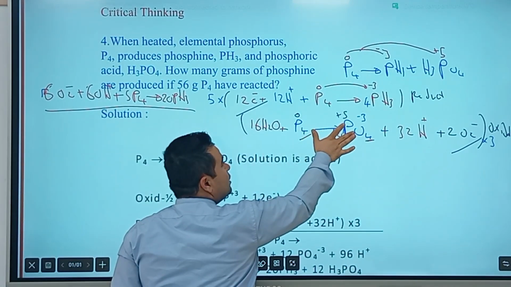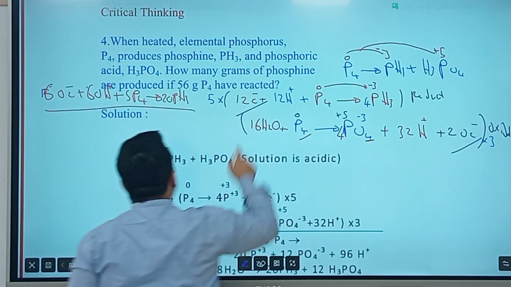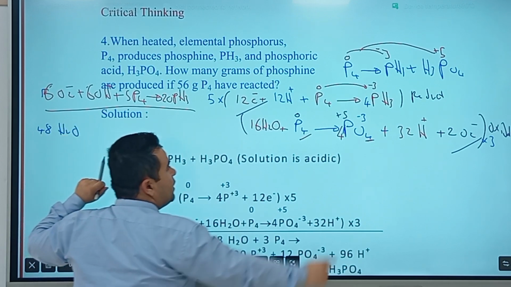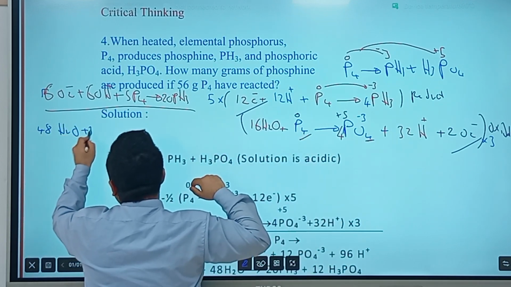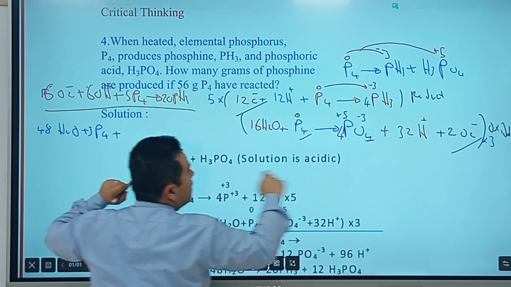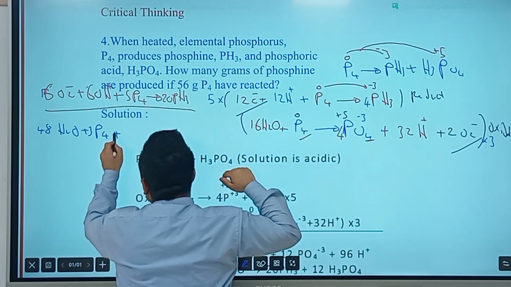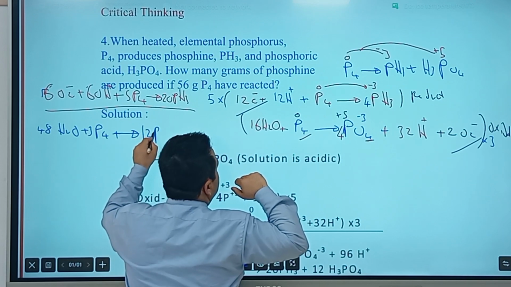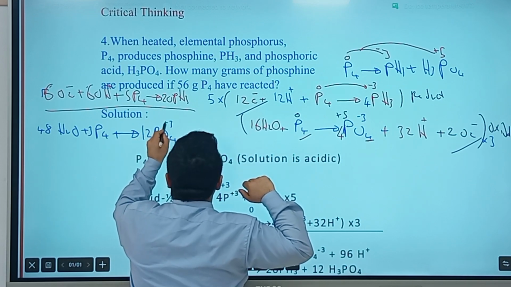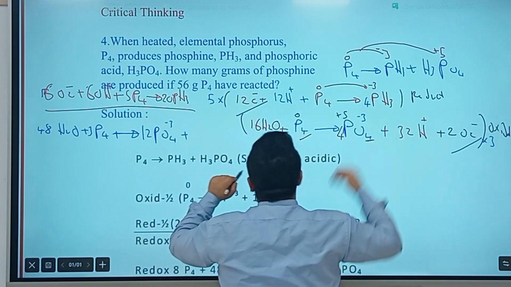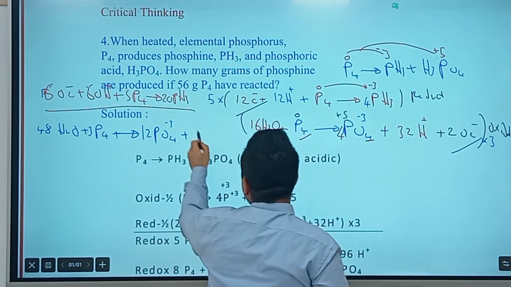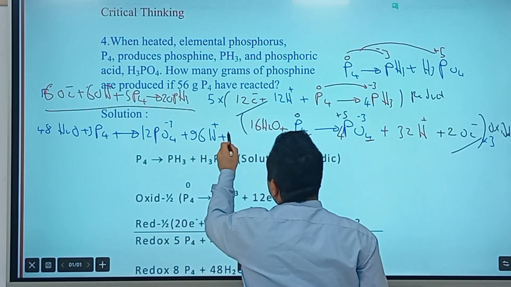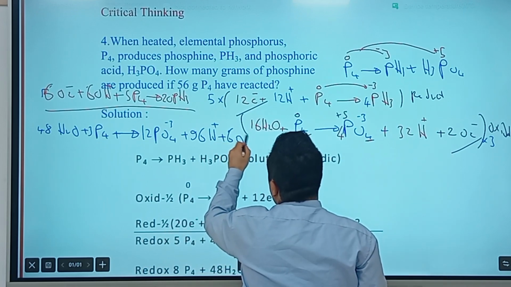Let us multiply the oxidation half by 3. 3 multiplied by 16, 48 H2O. 3 multiplied by 1, 3 P4, goes to the product side, 3 multiplied by 4, 12 PO4 negative 3, plus 3 multiplied by 32, it's 96 protons, plus 3 multiplied by 20, 60 electrons.